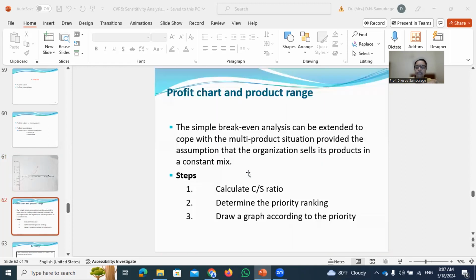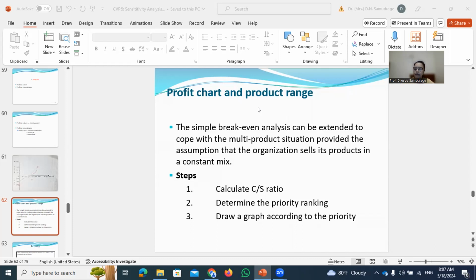But now the case is different. You are going to prepare different types of products, maybe in constant mix, right? So how do you decide the combined break-even point of all these products? Because for an example, most companies don't produce only one product.